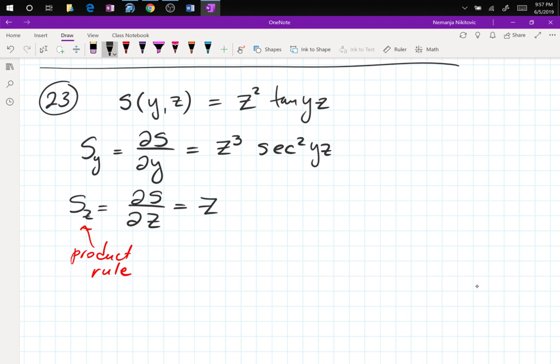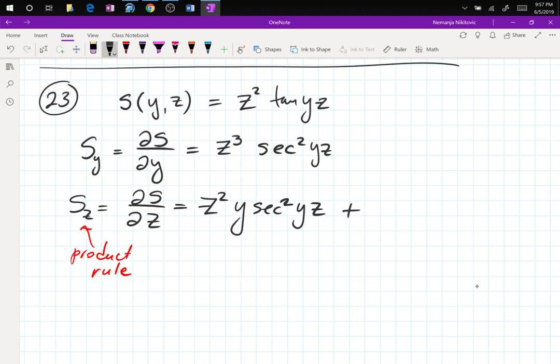Copy the first, that's z squared, times the derivative of the second, well, that kicks y outside, and the derivative of tangent is secant squared yz.